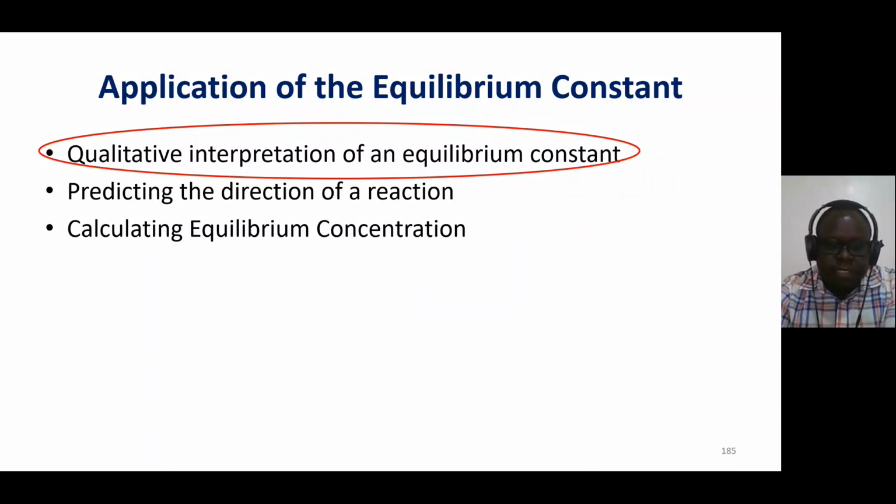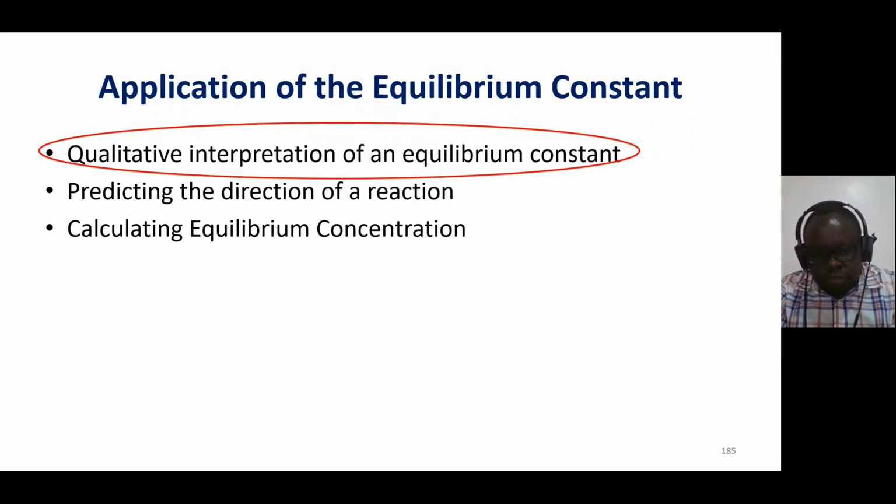Now, the other two applications of the equilibrium constant are predicting the direction of a reaction and calculating the equilibrium concentrations.